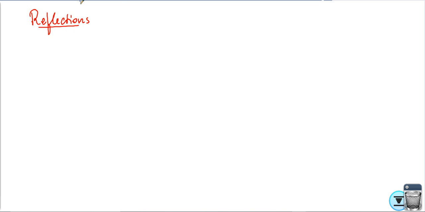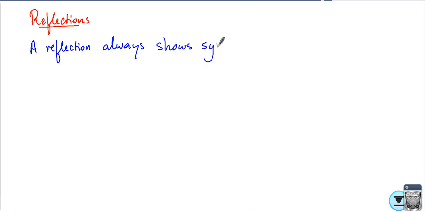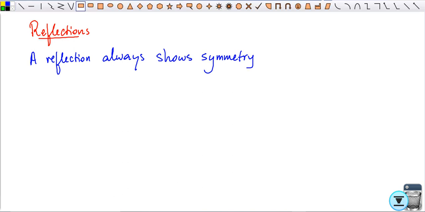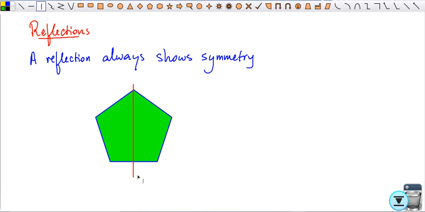First of all, a reflection always shows symmetry. When a shape is reflected, there is always a line of symmetry. For example, if I have the following shape, that shape has one line of symmetry.